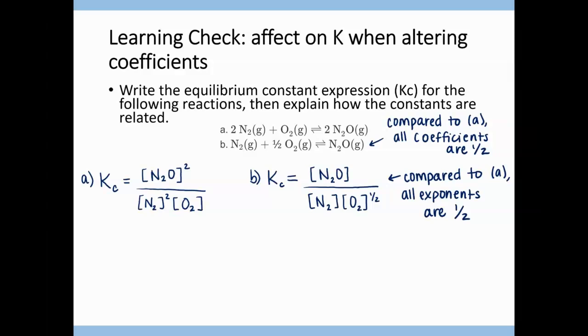So now we can say for Kc, for reaction B, so Kc, and I'm going to use a superscript B to indicate we're talking about the Kc for reaction B, this is equal to Kc for reaction A raised to the power of the factor that all coefficients were multiplied by.